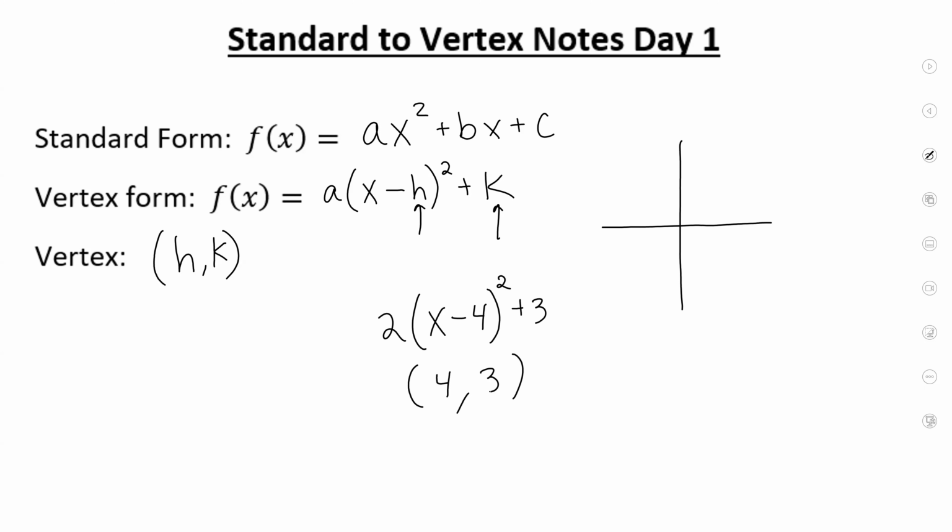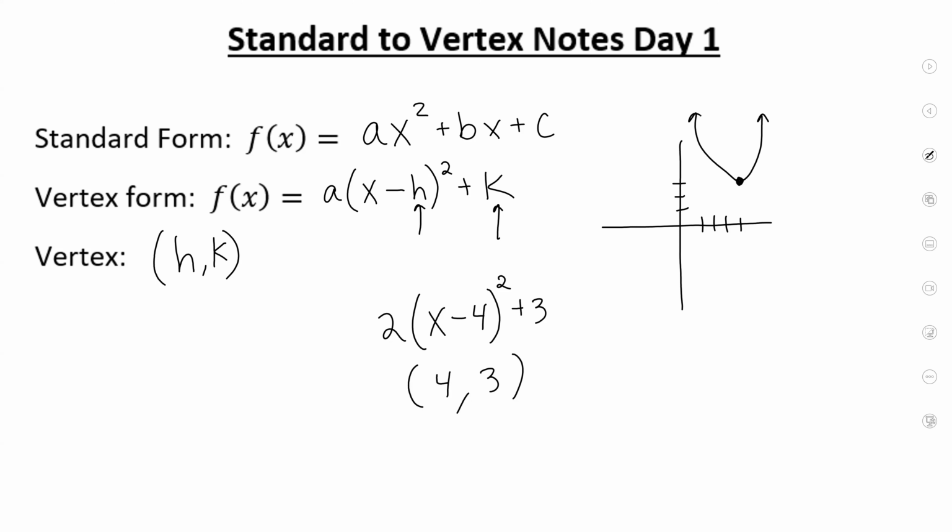So since it's in vertex form, you can easily plot the vertex. So I would go to 4 and 3 and plot my vertex. And I know it's going to face up because this is a positive equation. So that's the benefit of having vertex form. You could easily graph it. Okay, so that's why we're doing this today.